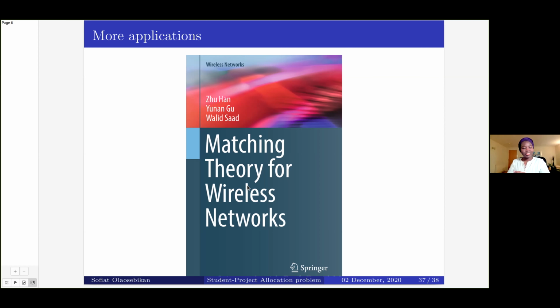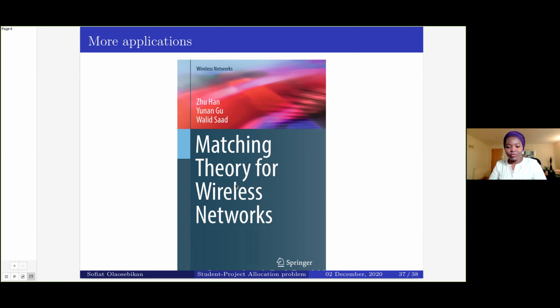And I've reached out to colleagues in engineering departments in my school, and I'm hoping that there'll be some collaboration going on very soon. Who knows, there could be other exciting matching models to design or to come up with based on the applications that exist in wireless networks.